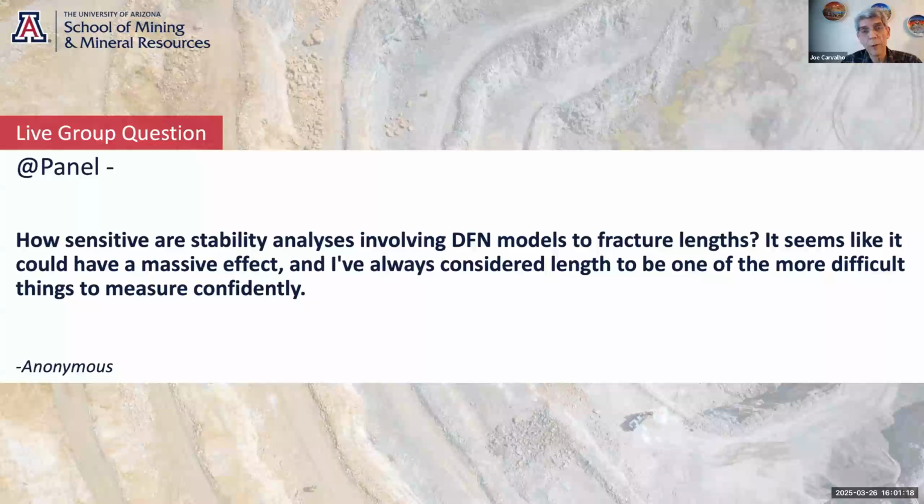But you have to be careful to consider spacing, especially if spacings are very different. You can end up with blocks that are very long, very narrow. In the extreme, you have sedimentary rock with cross fractures, and you end up with slabs instead of blocks. So all that really has a great effect on the stability and how the analysis behaves.